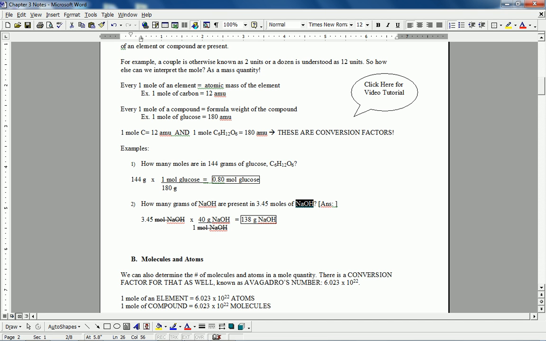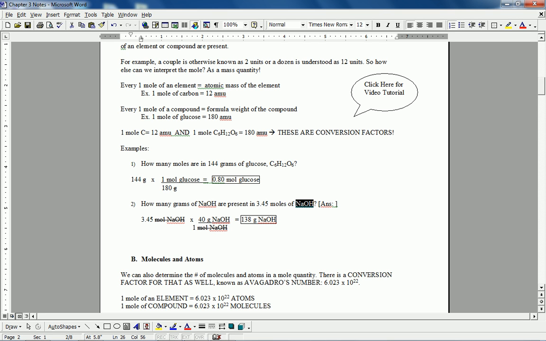Well, we're going to take the mass of sodium, which is 23 from the periodic table, the mass of oxygen, which is 16, and the mass of hydrogen, which is 1, and add them together. So 23 plus 16 plus 1 is 40 grams. So 1 mole of sodium hydroxide actually weighs 40 grams. That's our conversion factor.